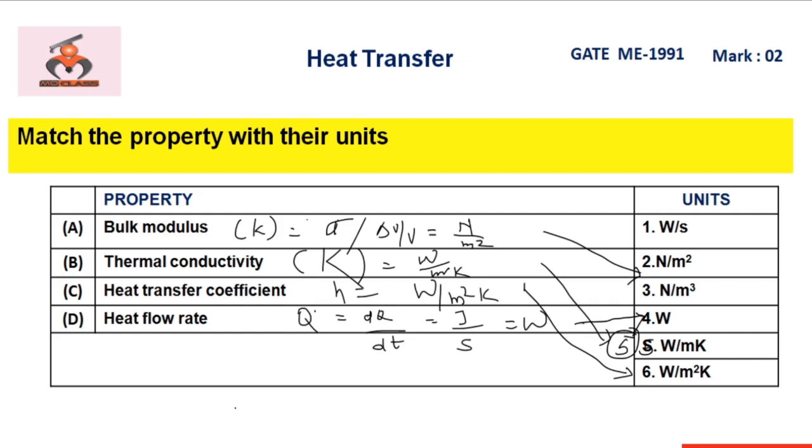So A matches option 2, B thermal conductivity matches option 5, C matches option 6, D matches option 4. So this will be your answer.